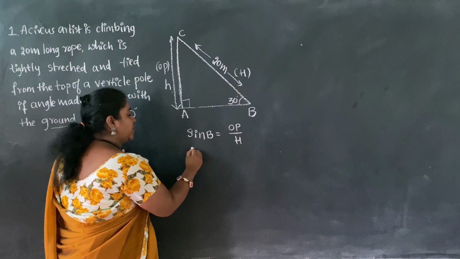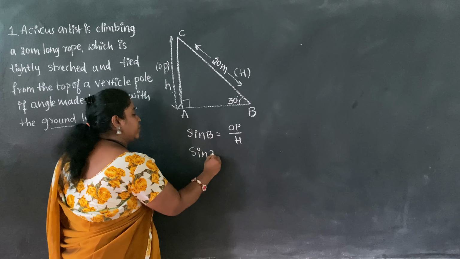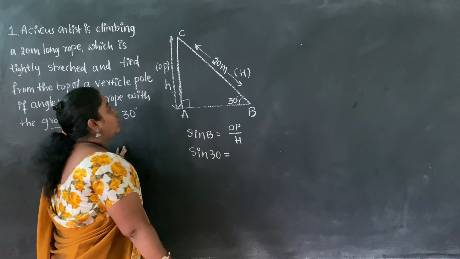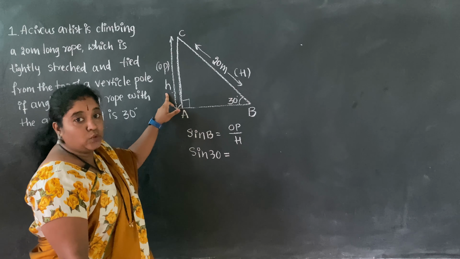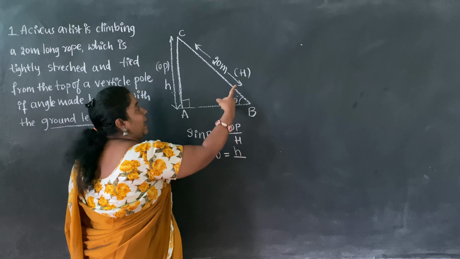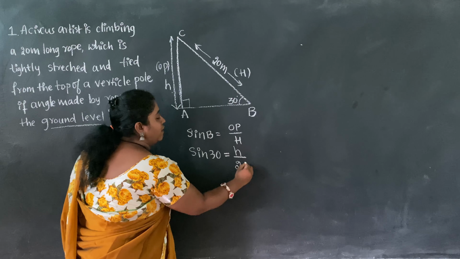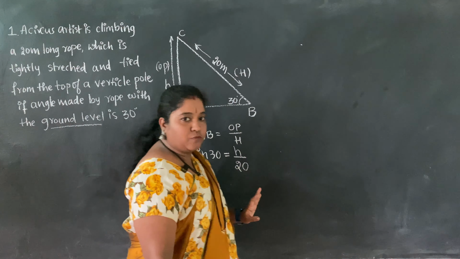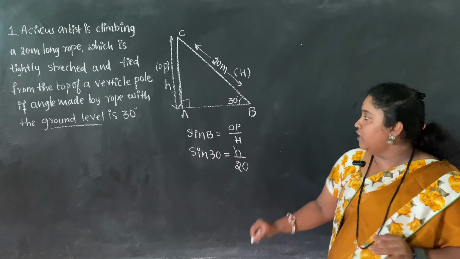Let me substitute here sine 30. What is the opposite I have? I need to calculate it. I don't have anything, so I'll be writing here h. And what is the hypotenuse value I have? I have 20. This is what I can write with respect to the given information.